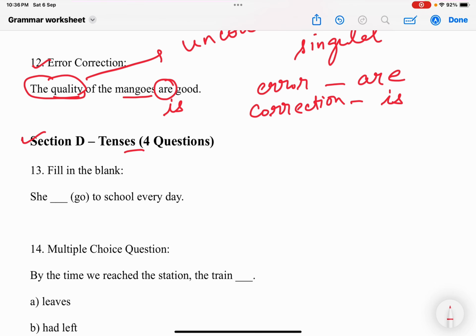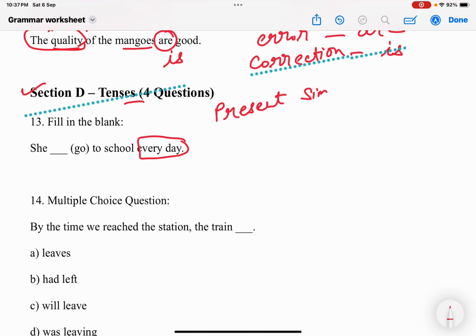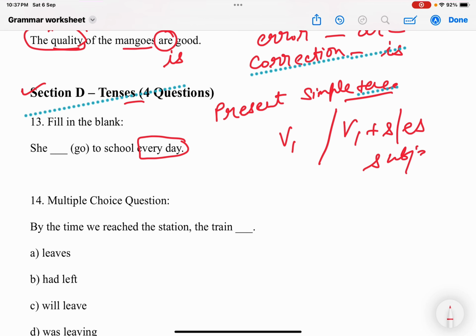Next one is section D, that is tenses. Fill in the blank. She dashed to school every day. Every day is the keyword here. So this is of present indefinite or present simple tense. In simple present tense, we are to use first form or first form plus s or es according to the subject.